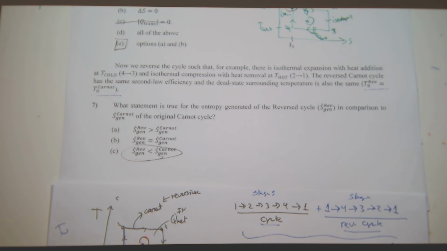I was going to ask you, so is that true for all power producing devices? That's another great question. So what that means is, if I have a power producing device, it's always going to produce more entropy than if I could reverse it in a reversible case.